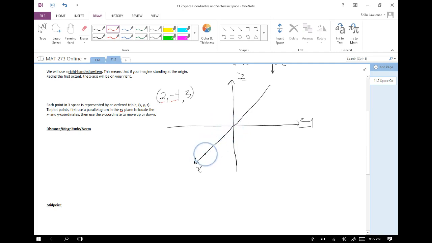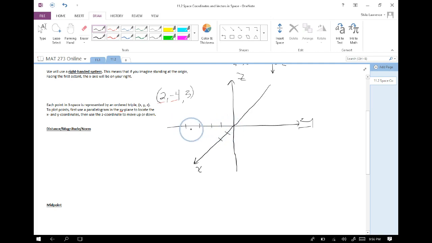And in order to get this point accurate, we need to make sure that when we travel on the x-axis, we're traveling parallel to the y-axis. And when we travel on the y-axis, we're traveling parallel to the x-axis. So we need to locate the value 2 on the x-axis, and the value -4 on the y-axis, which means we're going to move to the left.